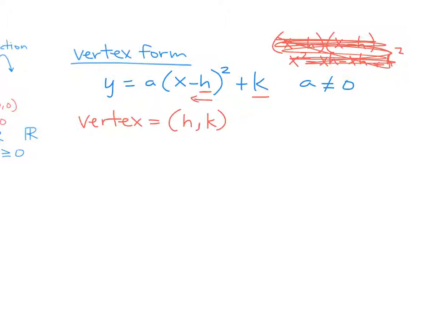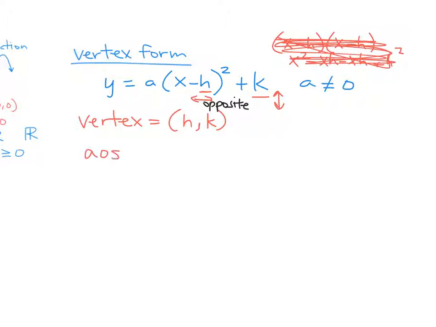Remember, h is going left to right, but opposite of what it looks like. If it's minus h, it's actually going to the right. If it's plus h, it's actually going to the left. What is your k doing? Up and down. If it's positive, it's going up. If it's negative, it's going down. So that's your vertex.